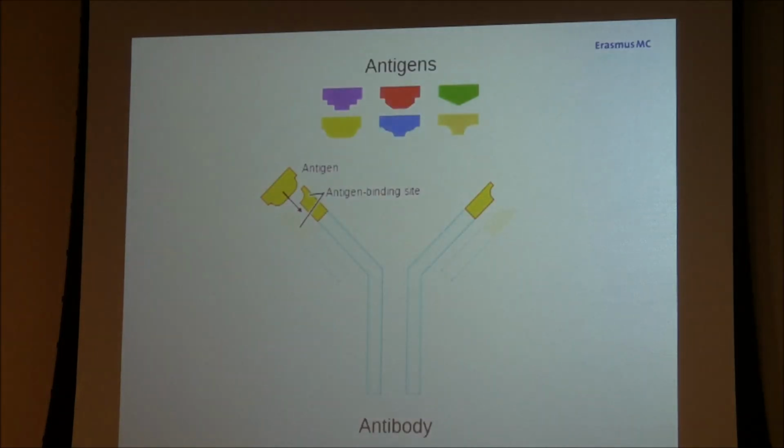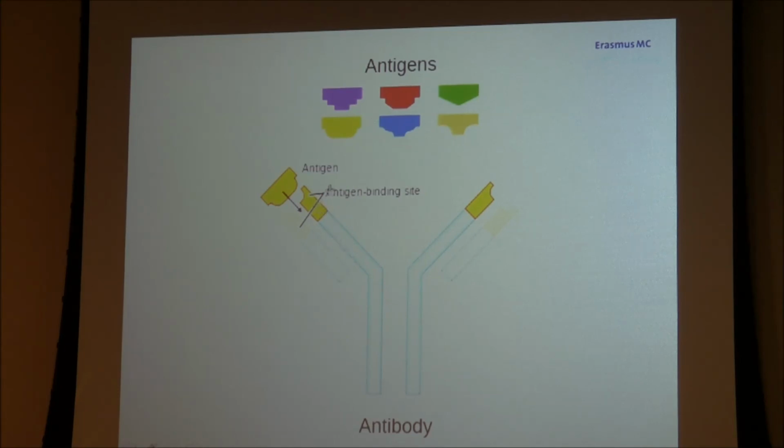And what are the immunoglobulins? These are Y-formed proteins that recognize antigens. Antigens are particles, parts of bacteria. You see over here that all kinds of immunoglobulins have specific antigen recognizing patterns.